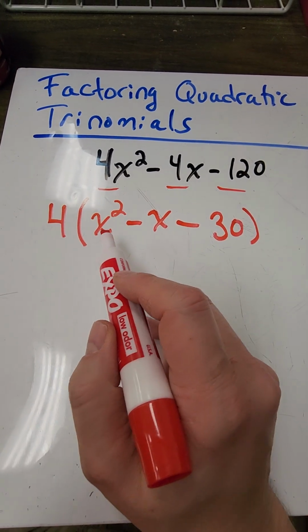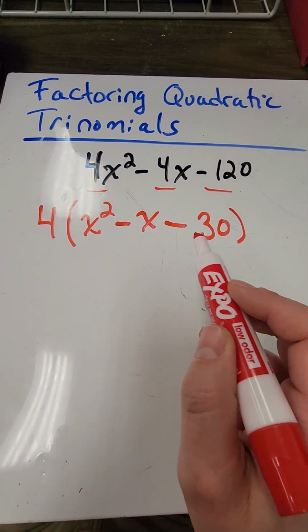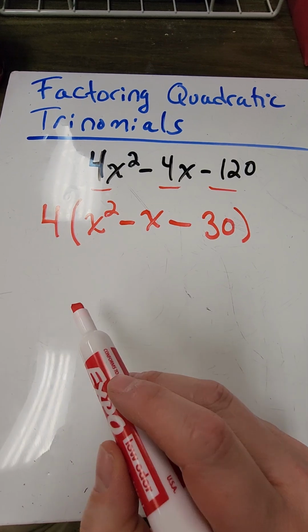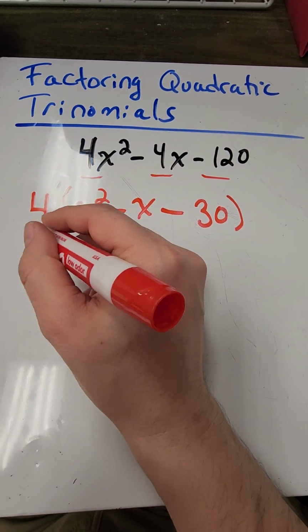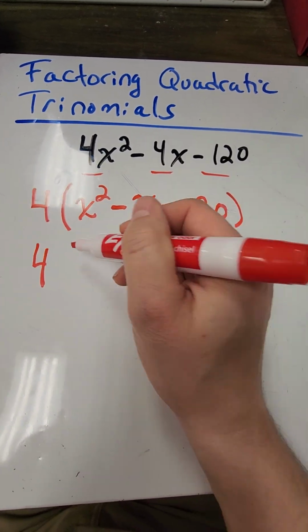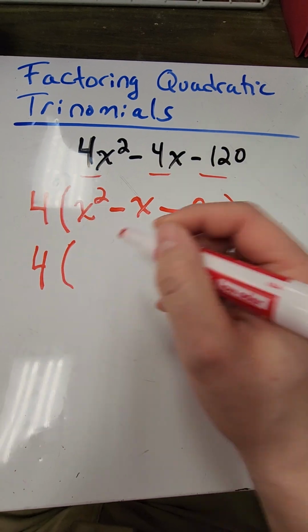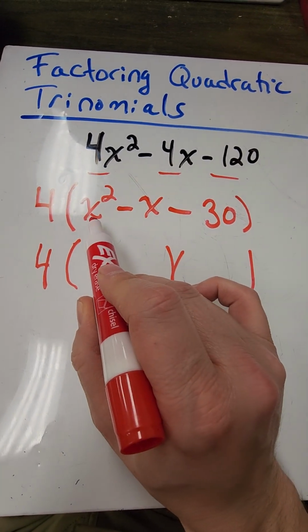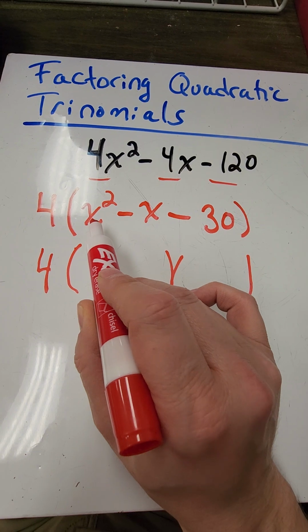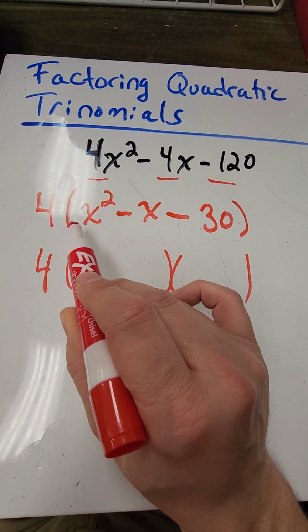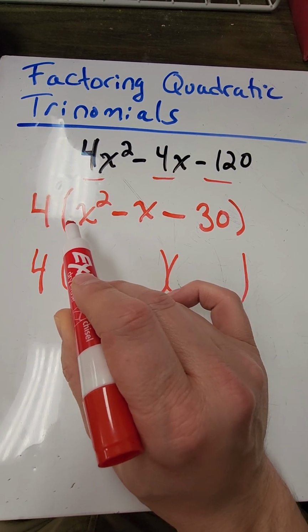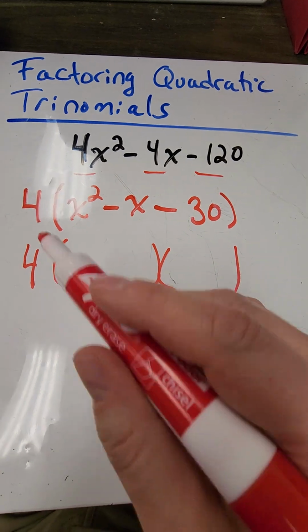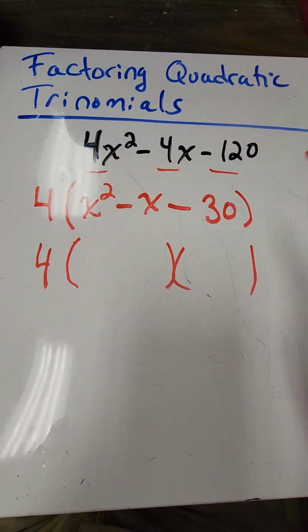Right, now we factor the quadratic trinomial that is inside the parentheses. So we're going to carry down our 4. We notice that our lead coefficient, the coefficient of x squared, is 1. Right, nothing coming before the x squared, so we don't have to do the box method or any other method.